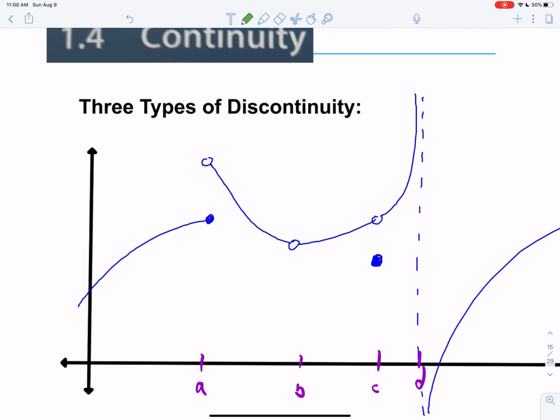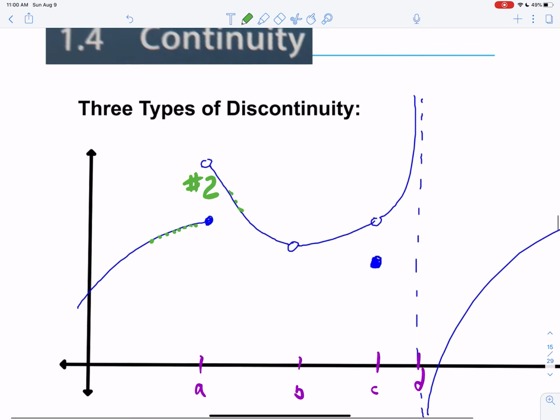Go ahead and pause and play when you're ready. Okay, so in part A, it's discontinuous because it didn't break rule number 1, because rule number 1, it is defined there. But the limit didn't exist, so that's actually number 2. Okay, the limit did not exist because notice how it's approaching two very different y values.